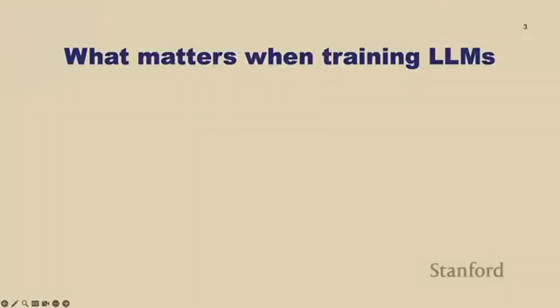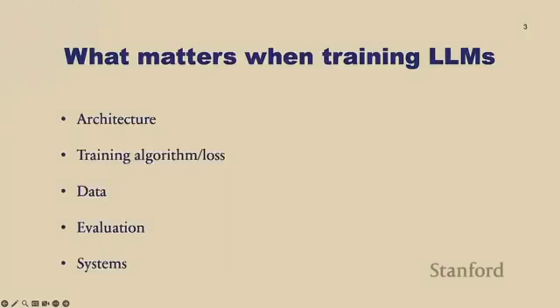Great, so what matters when training LLMs? There are a few key components that matter. One is the architecture. As you probably all know, LLMs are neural networks, and when you think about neural networks, you have to think about what architecture you're using. Another important component is the training loss and the training algorithm, so how you actually train these models. Then it's data: what do you train these models on?